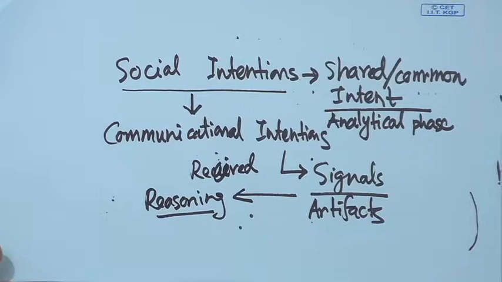These signals or these particular artifacts would fail if the receiver fails to reason it and fails to put it into their framework of cooperative reasoning. So if there is a lack of cooperation, there is a lack of shared social intentionality, there is a lack of shared communicational intentionality, and the efficiency of communication will drastically reduce.